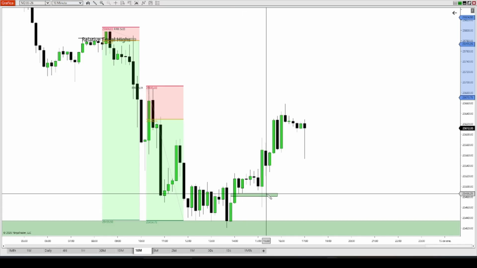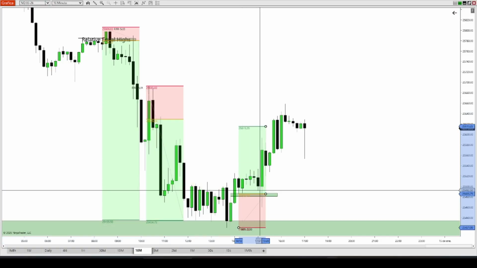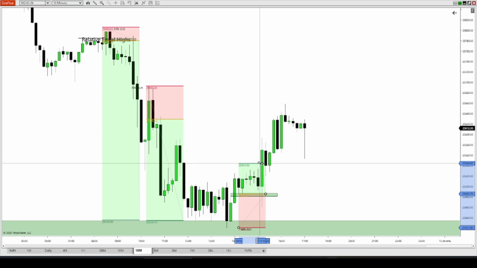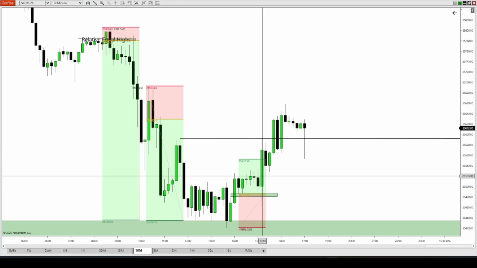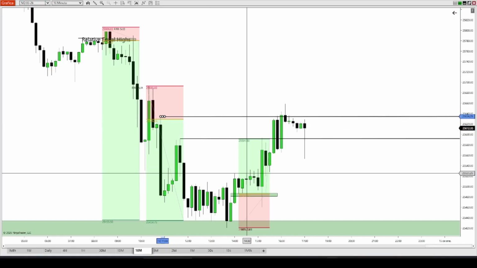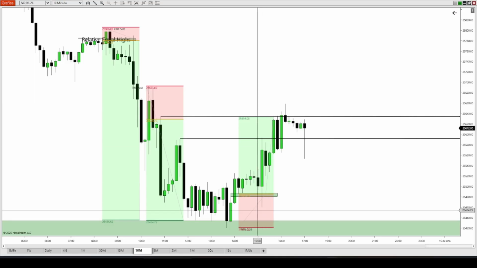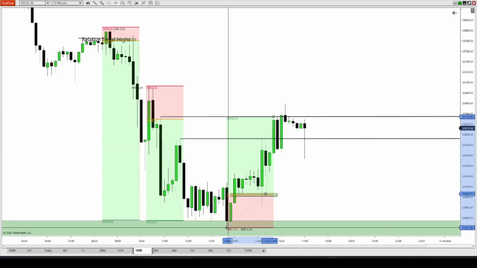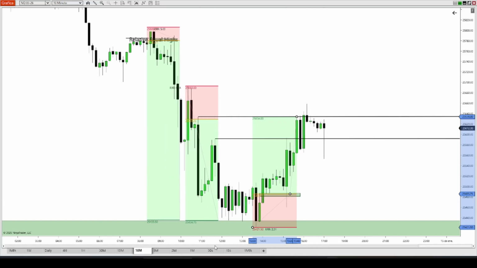So you place your entry at the top of the buy side imbalance, sell side inefficiency, and you place your stop loss below the entry model, and you take profit along the way. There's a previous high. You could have taken first partial there, and there's another high to take the rest of the position there. So that trade would have been a 2.3 risk to return ratio.